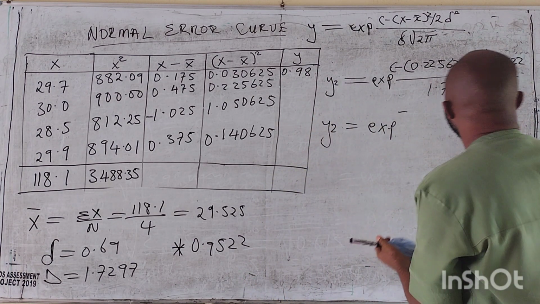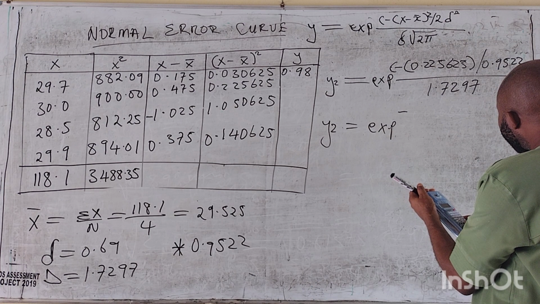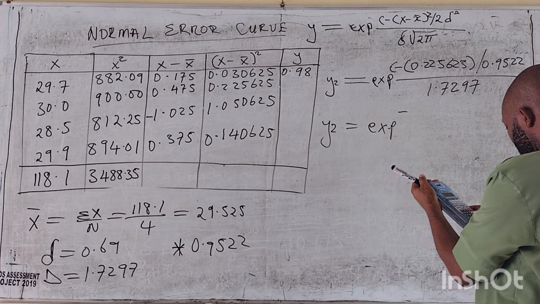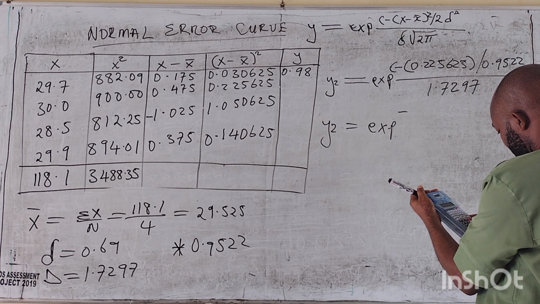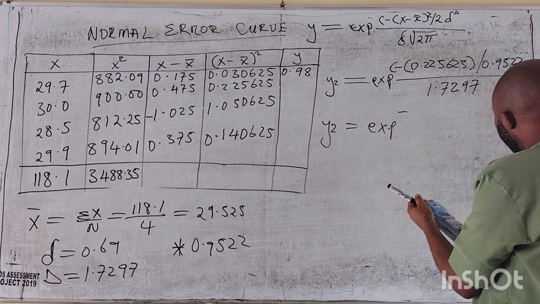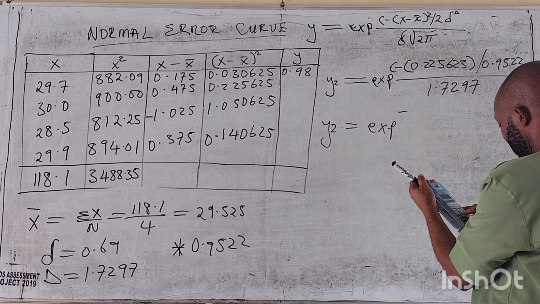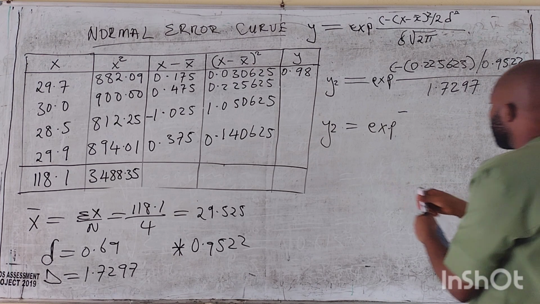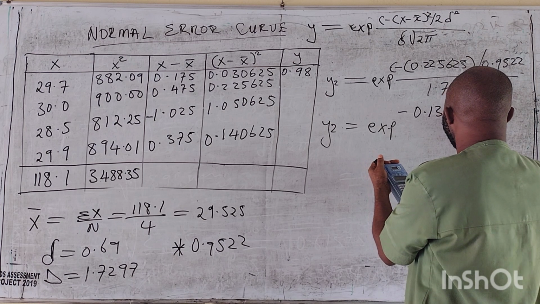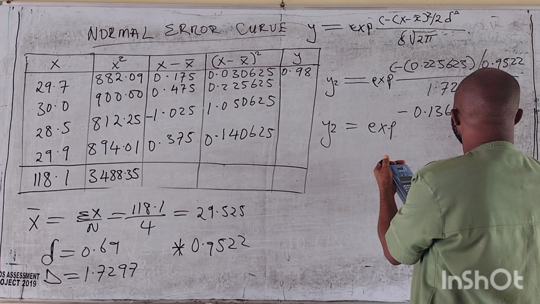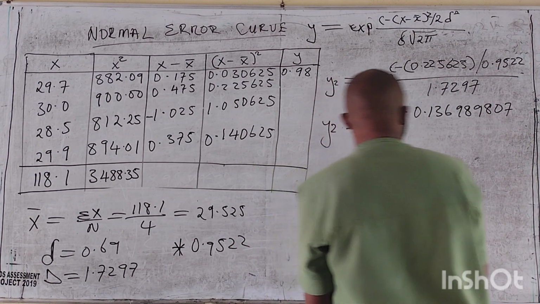Alright, let me deal with it now. 0.225625 divided by 0.9522, divided by 1.7297, is equal to minus 0.136989807. My y2 will be the exponential of this.